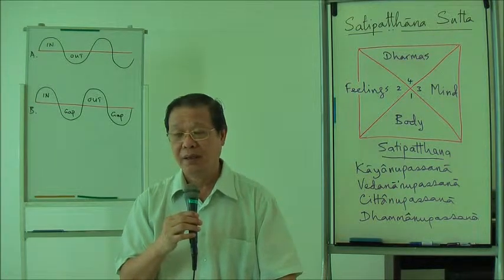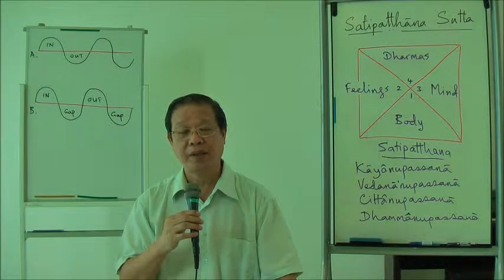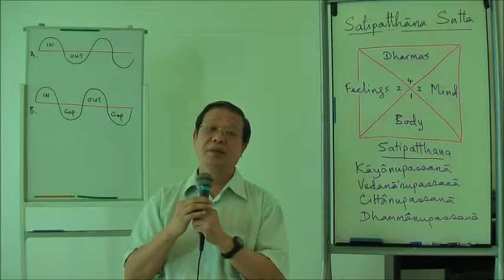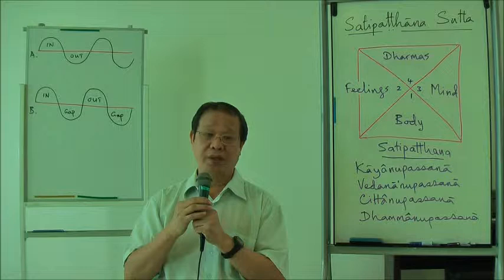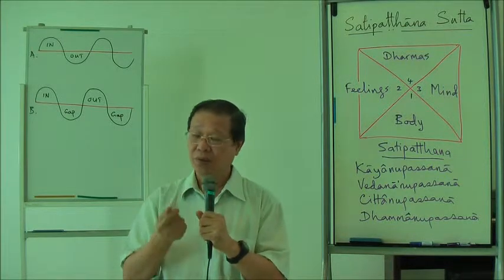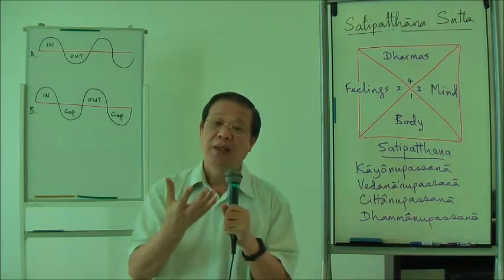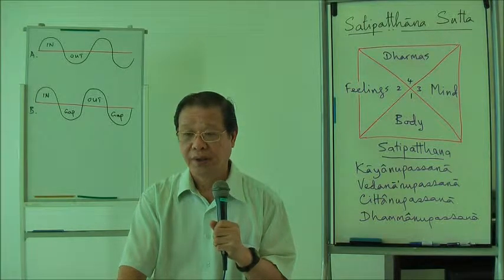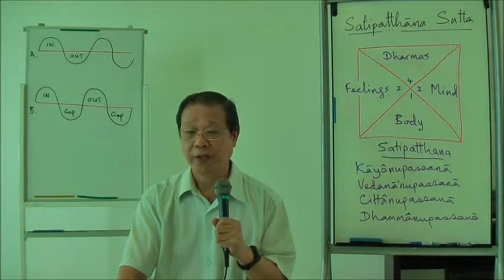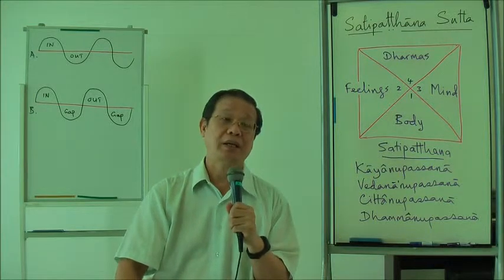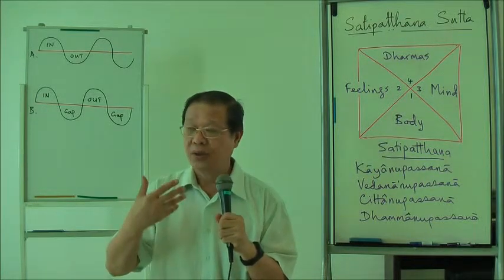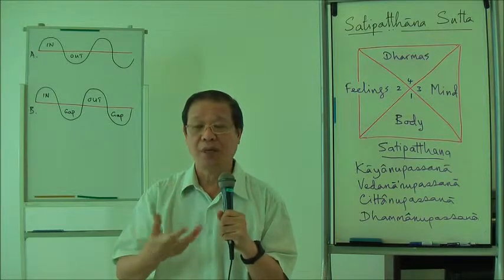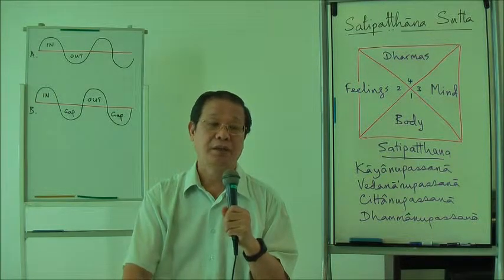And then the fourth Satipatthana, the fourth focus of mindfulness, is Dhammanupassana. This word Dhamma has so many meanings, but here we usually translate it as phenomena or realities, if you like. Things that you notice in your mind as your mind becomes more and more calm and peaceful and clear.